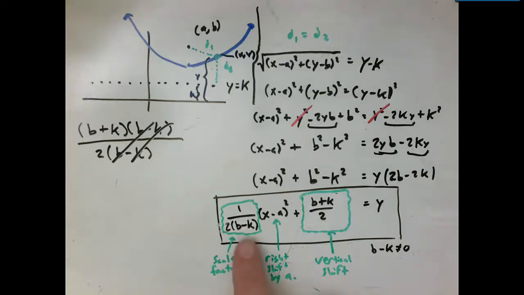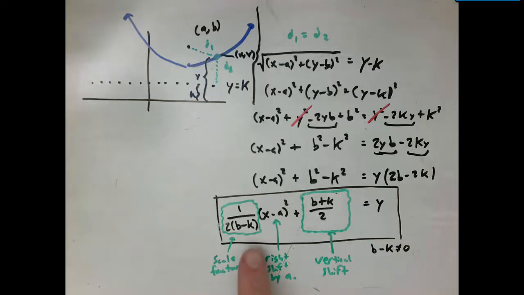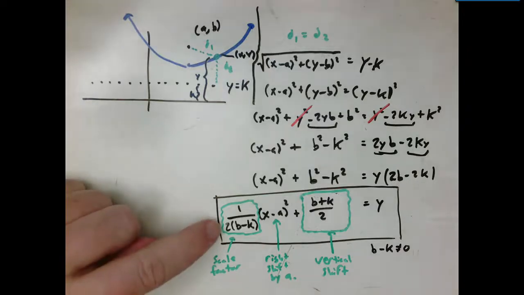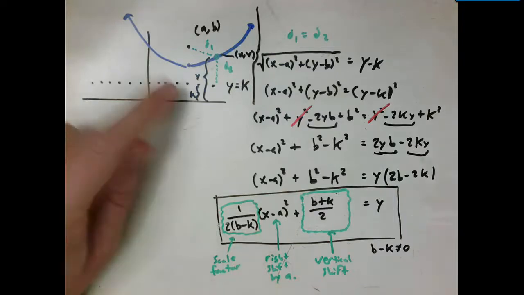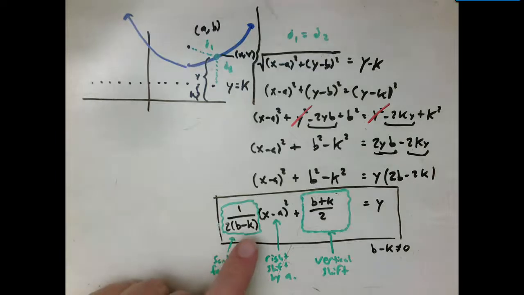Even though we can't make this 0, what we could do is ask what values of b and k make this very close to 0. Like if we wanted to make the scale factor as close to 0 as we wanted, how could we do that? If we want this number to be very small, towards 0, then we would want the denominator to be very, very big. So the difference between b and k would have to be very big.